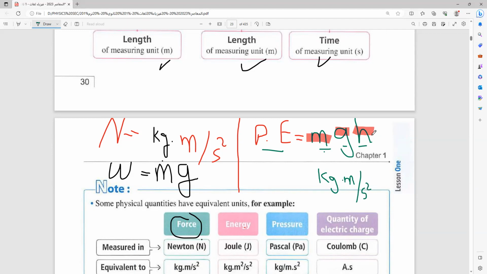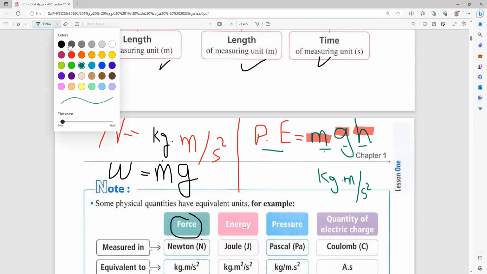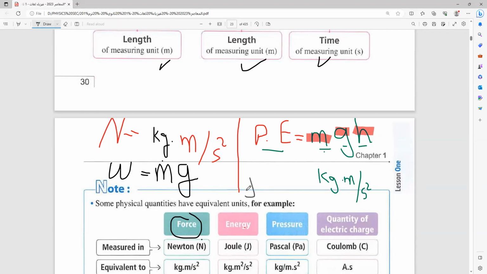H means height, also measured by meter. So Joule is equivalent to the measuring unit kilogram meter squared per second squared.